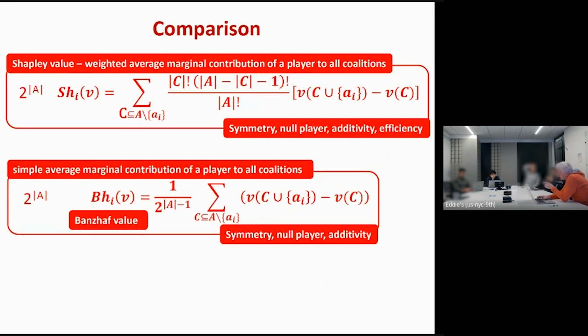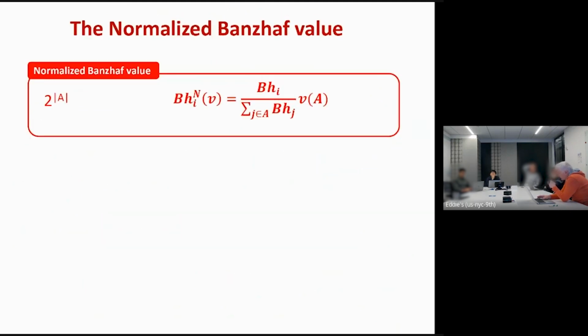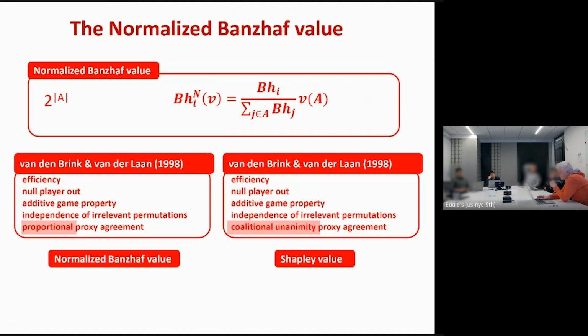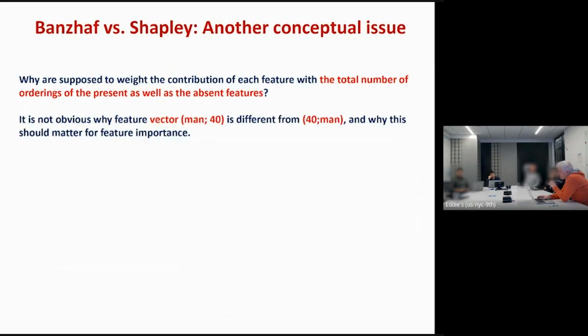And in Banzhaf, we essentially are not really looking at the order of players. From the point of view of explainability of machine learning models, this is non-intuitive. It's unclear why the order of features should matter in machine learning models.